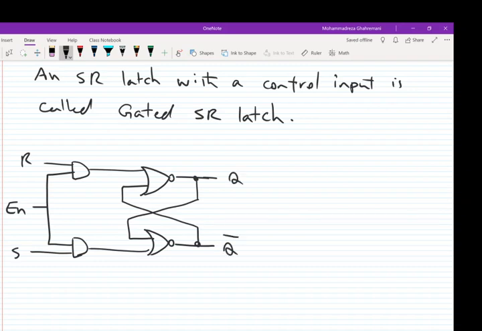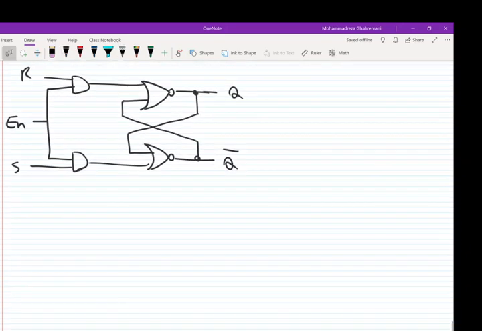So this one is the gated SR latch constructed with NOR gates. And for NAND gates, we have this circuit.